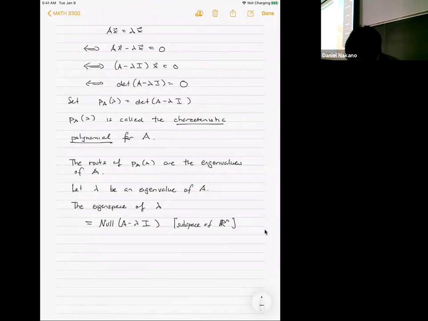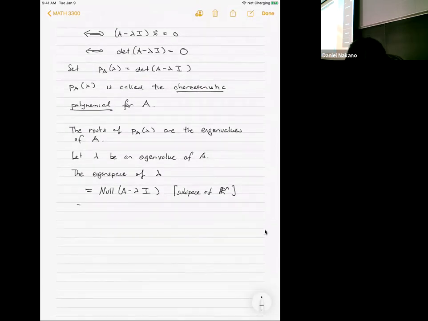So let me say parenthetically, one can compute a basis using Gaussian elimination. And the non-zero vectors in the null space are just the eigenvectors for lambda.